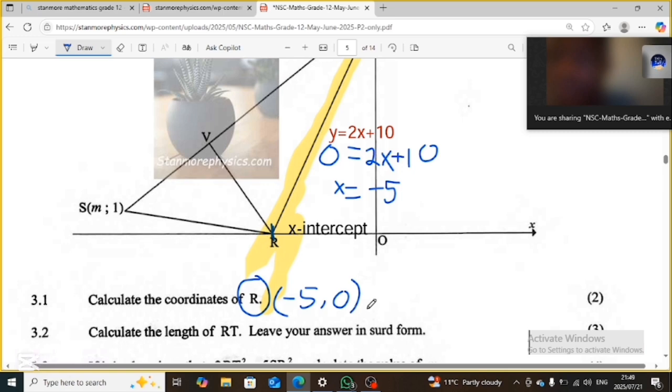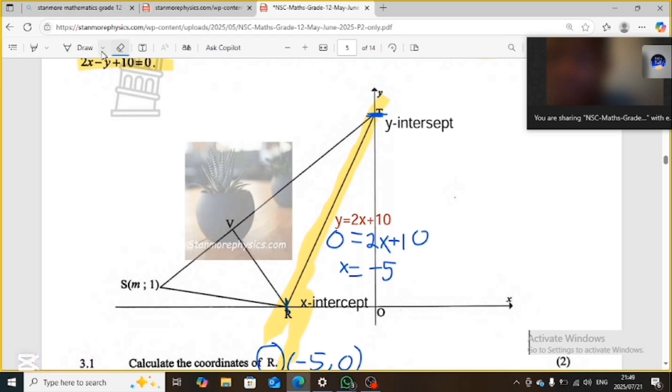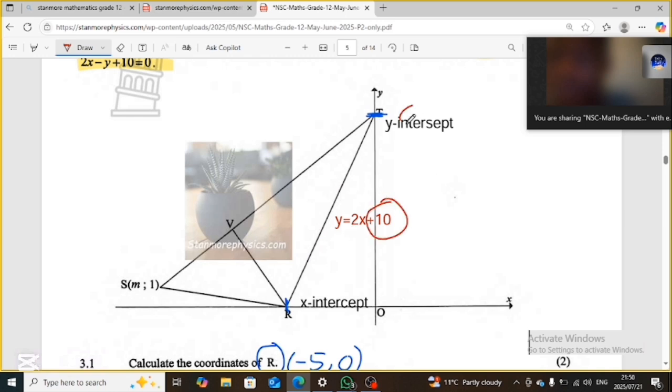Question 3.2. We are supposed to calculate the length of RT and leave our answer in surd form. We can find the coordinates of T, the y-intercept of the linear equation y equals 2x plus 10, by letting x equal 0, giving us y equals 10.